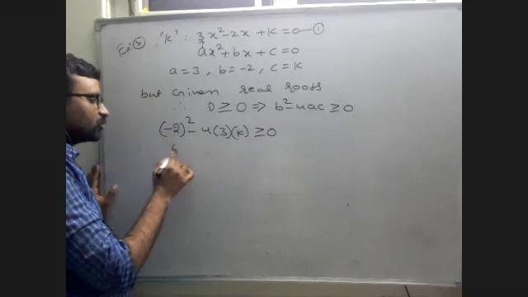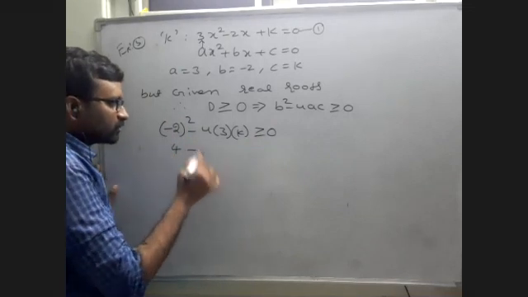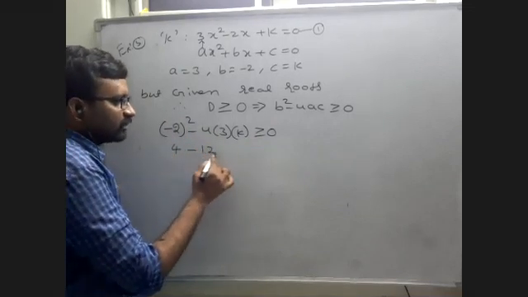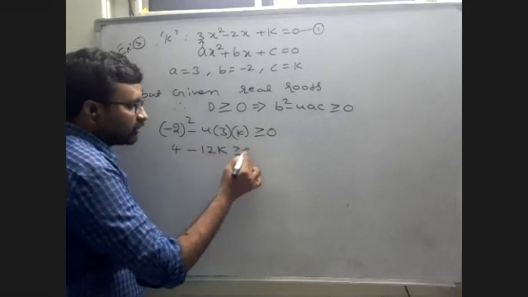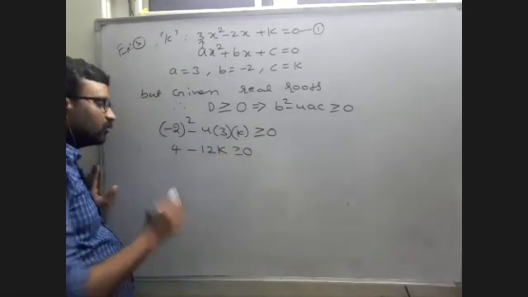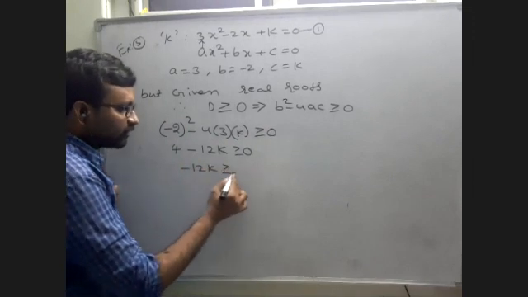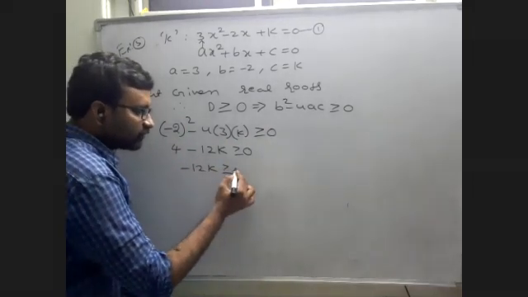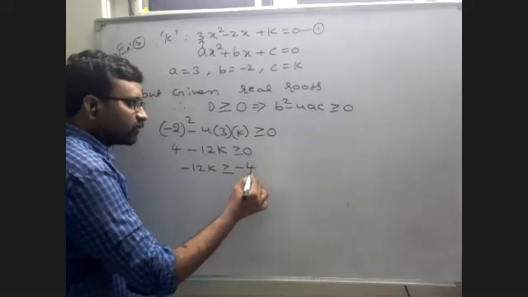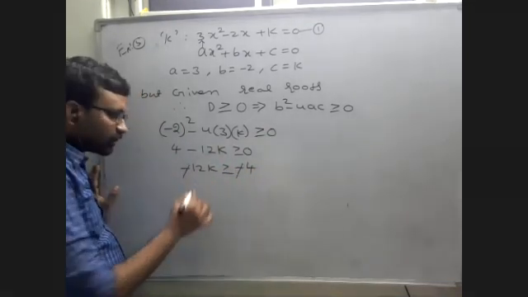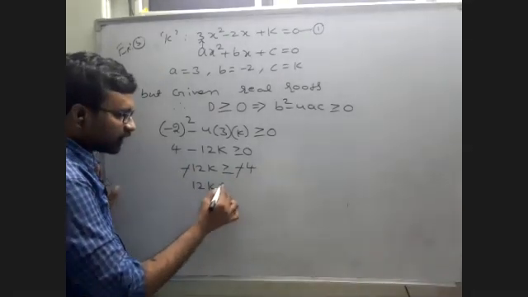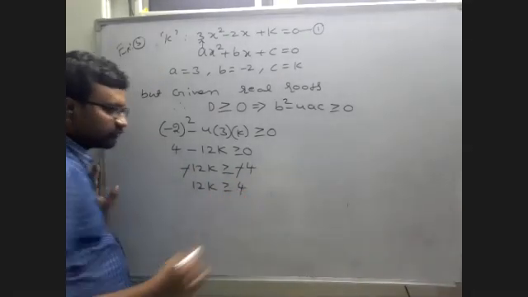Minus 2 whole square is 4, minus 4 threes is 12k, greater than or equal to 0. Taking 4 to the other side, minus 12k greater than or equal to minus 4.